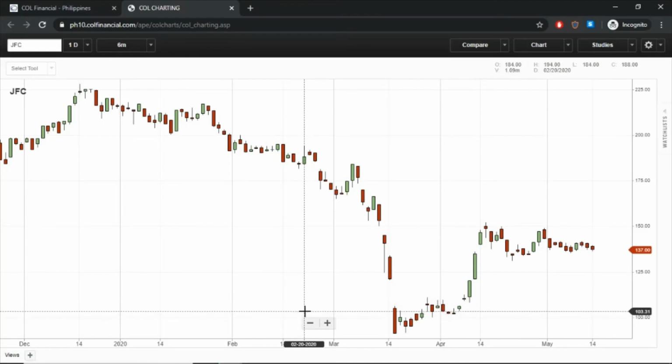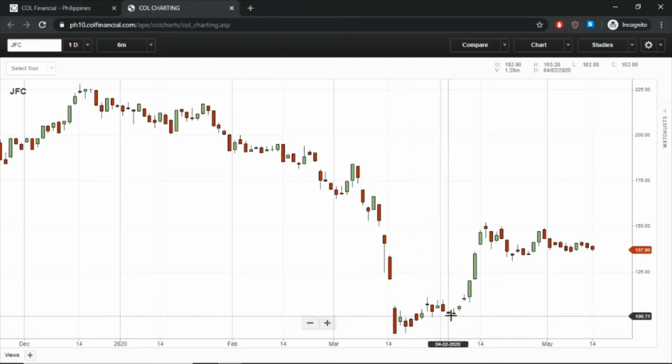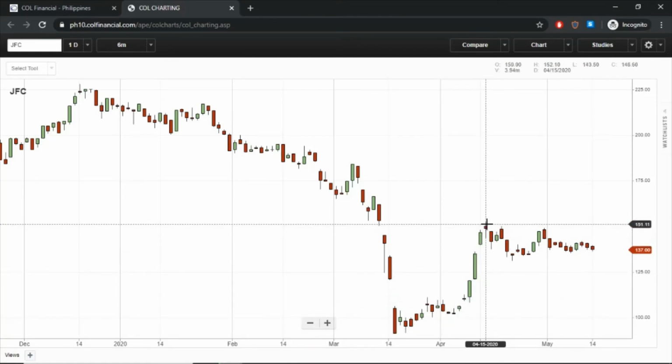But if you invested that in the stock market last March 19 and you were able to buy at 90 pesos, you were able to buy at least 10,000 shares. And then it went up last April to 150. So you've already earned something more than the 3%, right, guys?